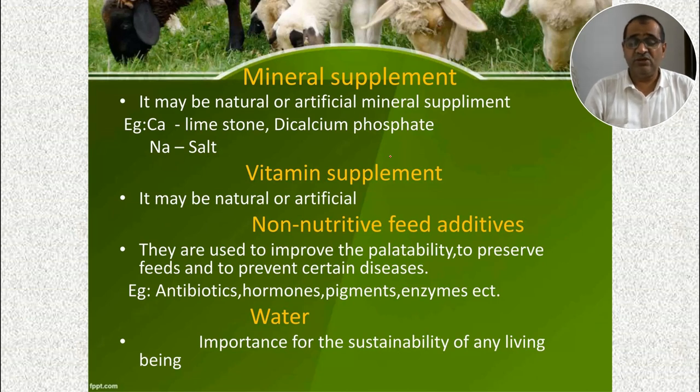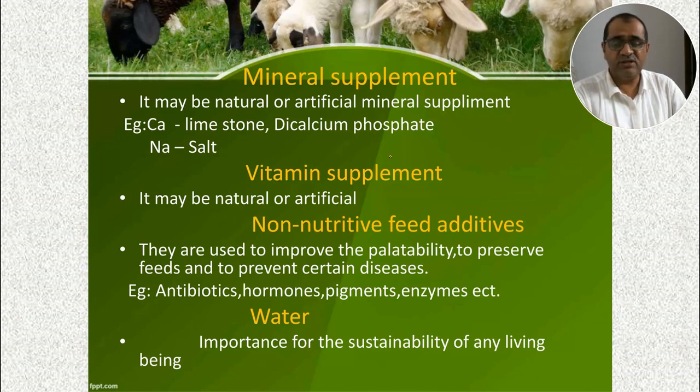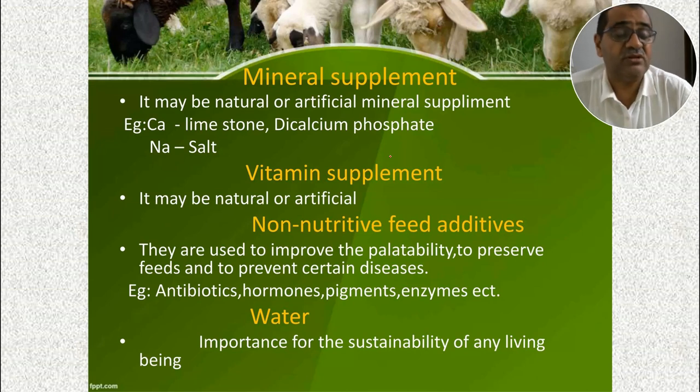Humans are always attracted by the color of food, especially ice creams and many types of ready-to-use food. Different types of acceptable or approved pigments are non-toxic and even non-carcinogenic in nature, and for a prolonged period they should not induce or damage any tissue-related diseases. And sometimes, to increase the digestion of the feed, enzymes are also added.